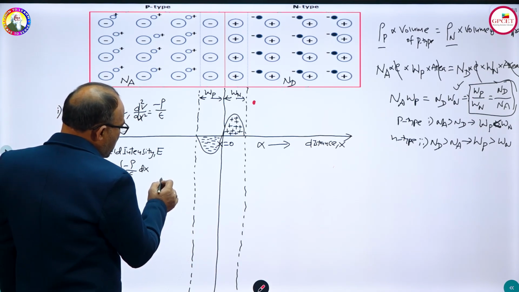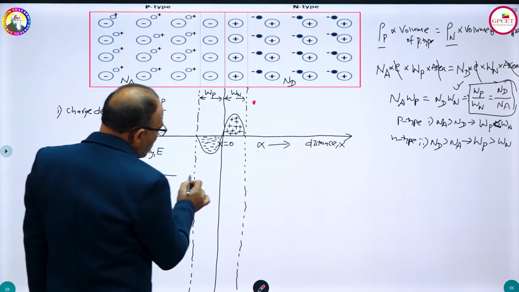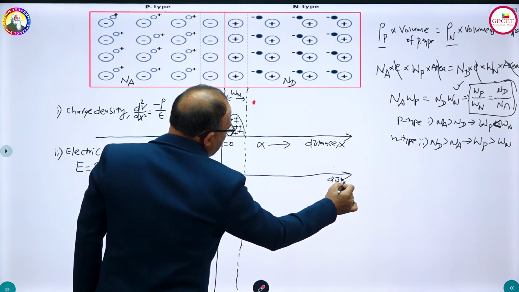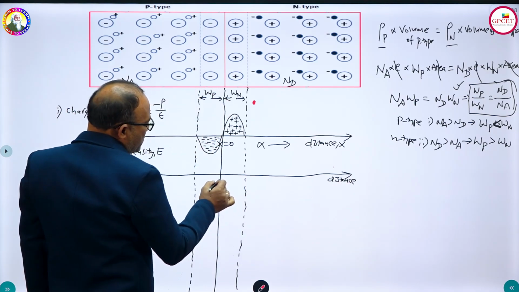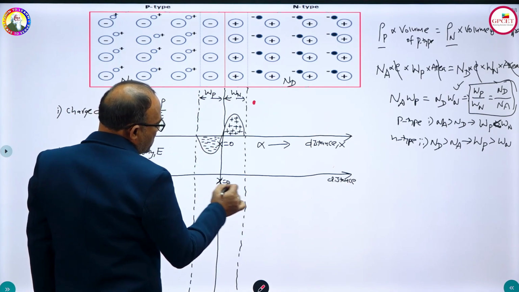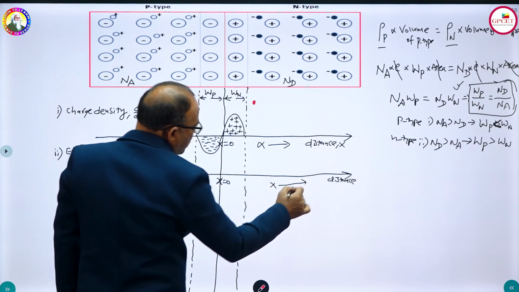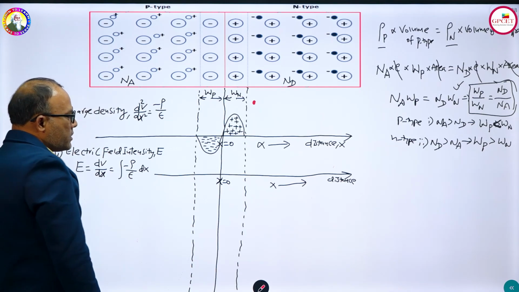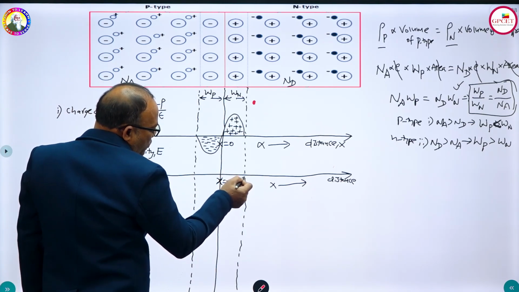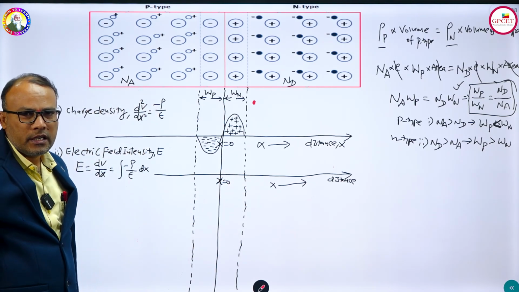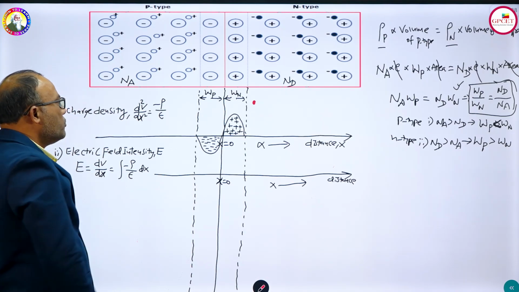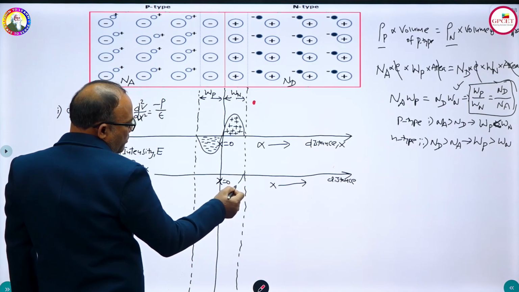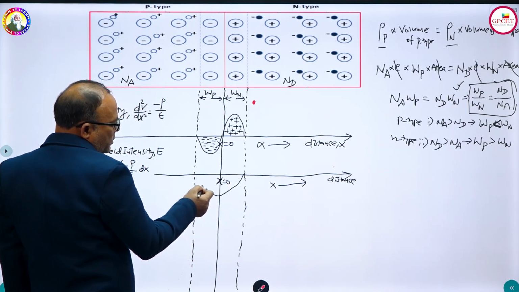But what is the electric field intensity if you draw a graph with distance from the junction, where x equal to 0 is the junction and x is increasing? Always remember, the electric field starts from the positive concentration and goes to the negative concentration, in clockwise direction.